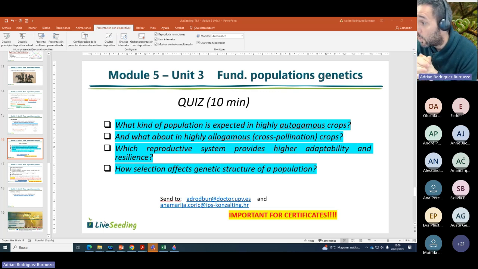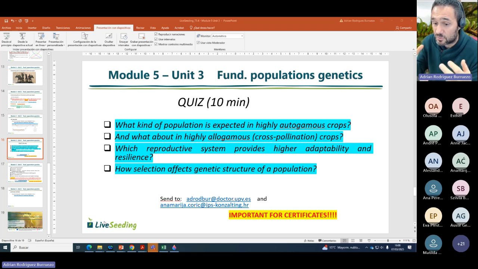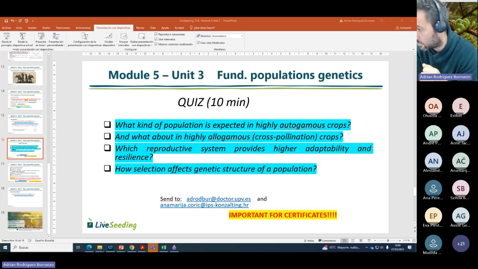On the contrary, in highly allogamous, cross-pollinated crops or species, this kind of reproductive system contributes to keep a higher diversity, because it keeps not only the homozygous, but also, thanks to the recombination provoked by cross-pollination, for each gene you can find the three alternatives: homozygous for uppercase, homozygous for lowercase, and heterozygous, gene by gene.